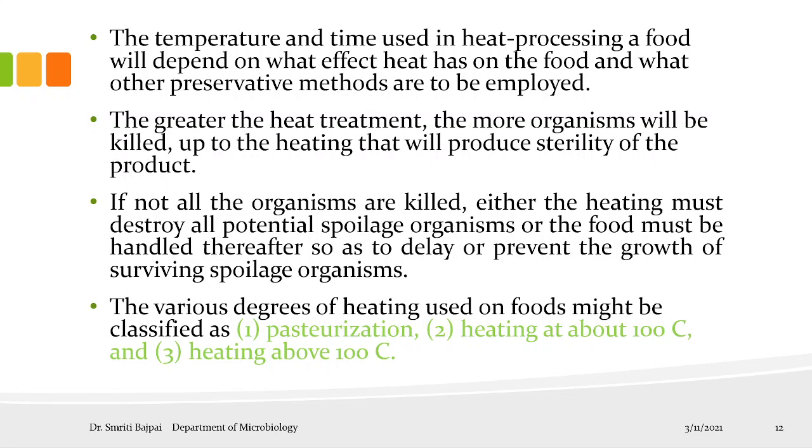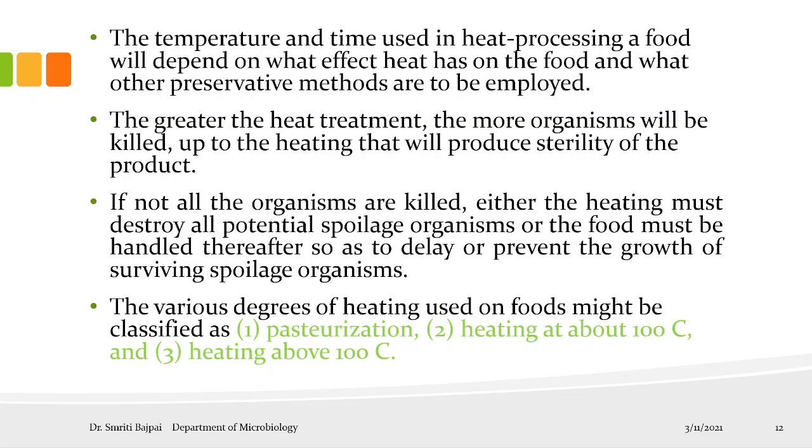Now the temperature and time used in the heat processing of food will also depend on what effect heat has on the food and what other preservative methods are to be employed. Yes, so when we are using the heat, if other methods are also there, then that also will vary.